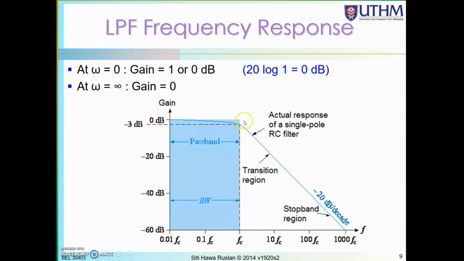This is the slope I mentioned, minus 20 dB per decade. If you plot it correctly, there is a minus 20 dB drop for a factor of 10 in frequency. This is 1 decade, and the gain will be reduced by 20 dB.